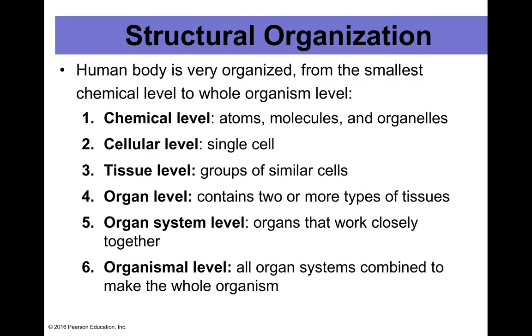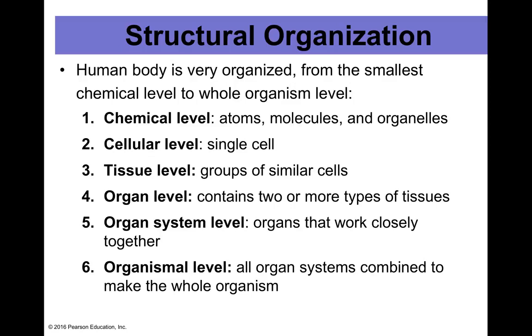Now, if we want to discuss the process of creating a living organism, we refer to something known as structural organization, which implies that we're going to be building from the smallest molecule all the way to the full organism. So the most basic structure we have is referred to as the chemical level.